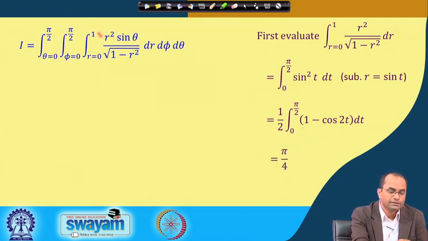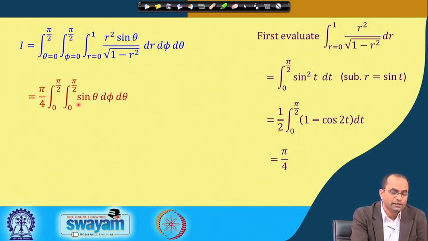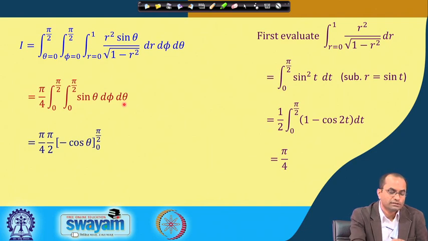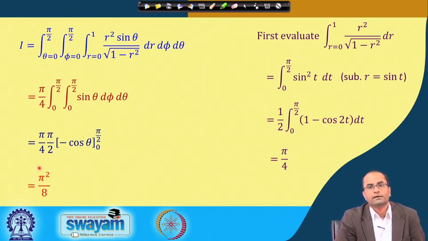So, the value of this inner integral is pi by 4, and then we have sin theta d phi d theta. Again d phi will give us pi by 2 only, and then for the outer one, sin theta will be cos theta with minus sign and limits 0 to pi by 2. So, we will get pi square by 8 as the value of this integral.